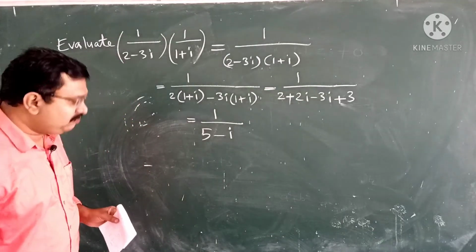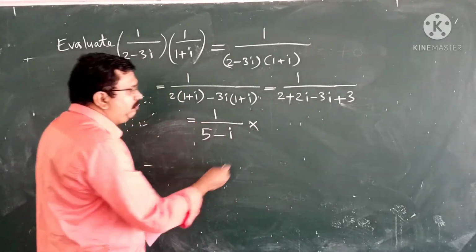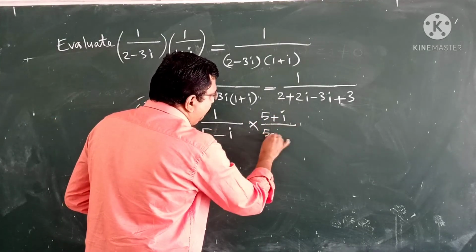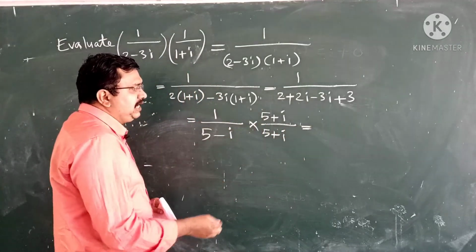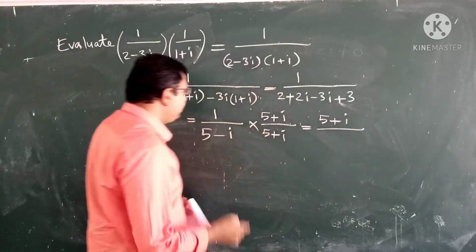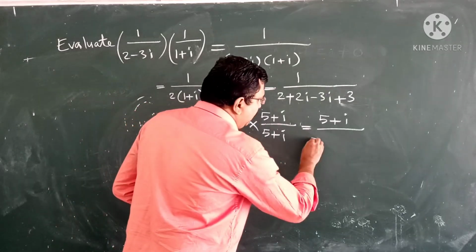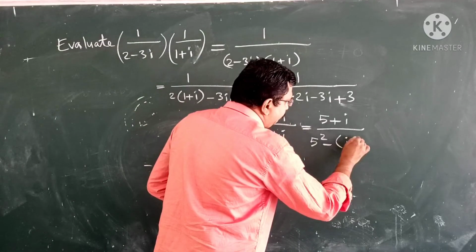For getting the form a plus ib, we multiply the numerator and the denominator with (5 plus i) divided by (5 plus i). What is 1 into (5 plus i)? The answer is 5 plus i, divided by (a minus b) into (a plus b), that is 5 square minus i square.